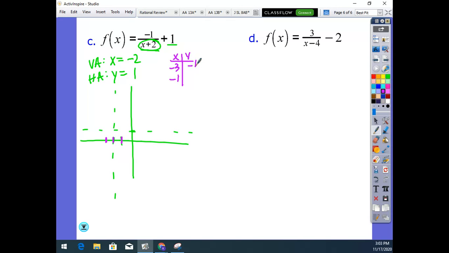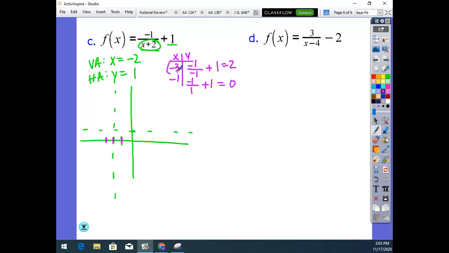-1 divided by, if I plug in -3, I get -1 on the bottom plus 1. Well, -1 divided by -1 is 1, plus 1 is 2. If I plug -1 in for x, I get -1 over 1 plus 1. Well, that's going to be 0.